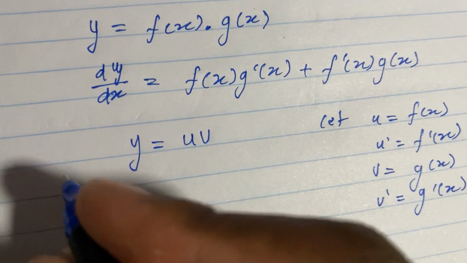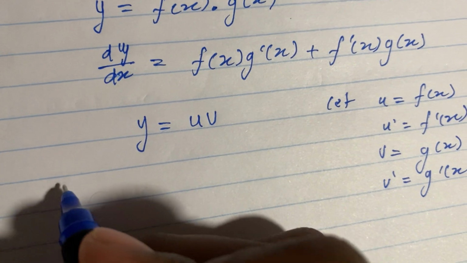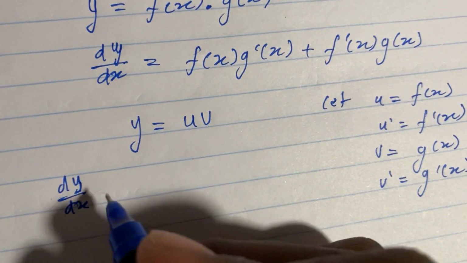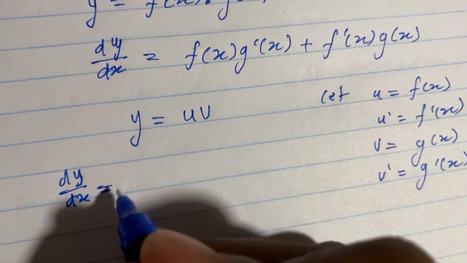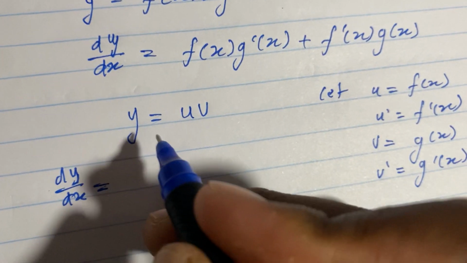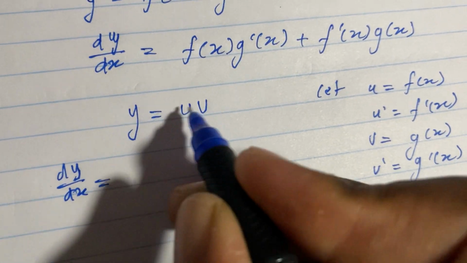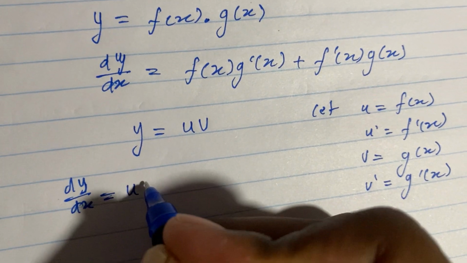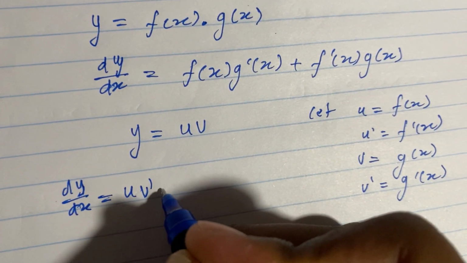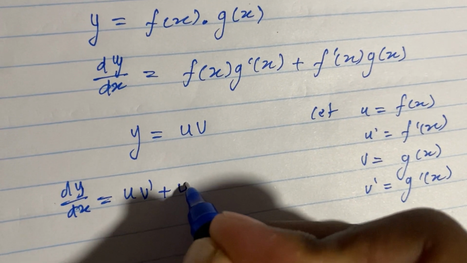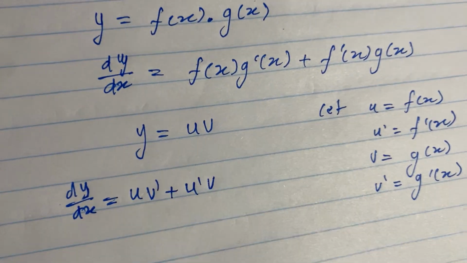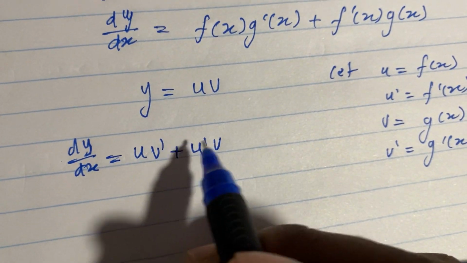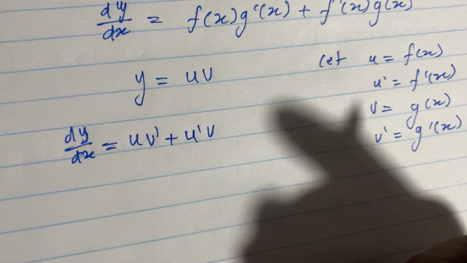Now let's write this down, and dy over dx will be given by this type of equation. We can derive this one by using the same principle. So it's u v prime plus u prime v. Now we just substitute our functions there.